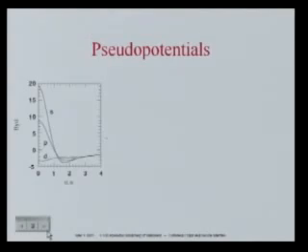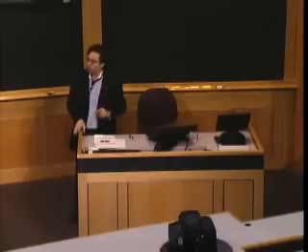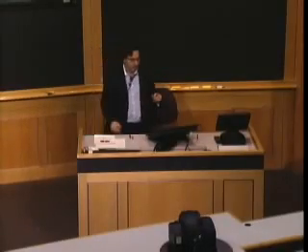What we have done is substitute what would be the Z over R Coulombic potential, inside the core region of the nucleus, with a pseudopotential, that is a potential that reproduces the effect of the nucleus and of the frozen core electrons. And as you can see, this pseudopotential tends to be repulsive close to the origin, again reproducing the angular momentum push outwards of the core electrons to the valence electrons.